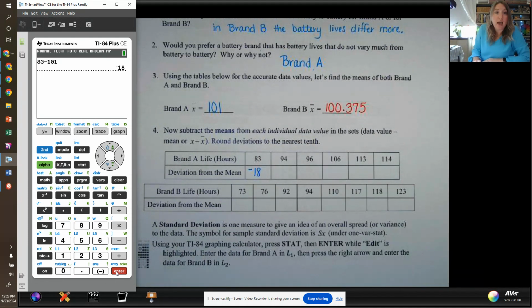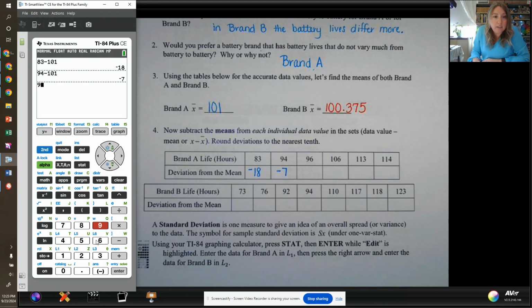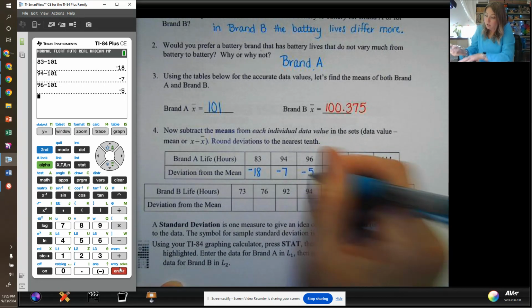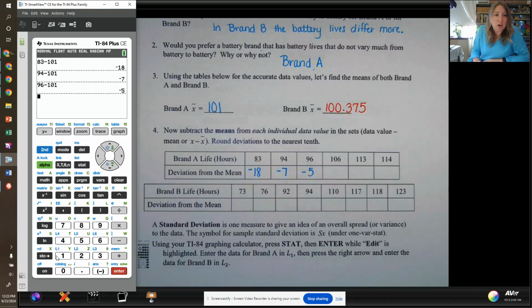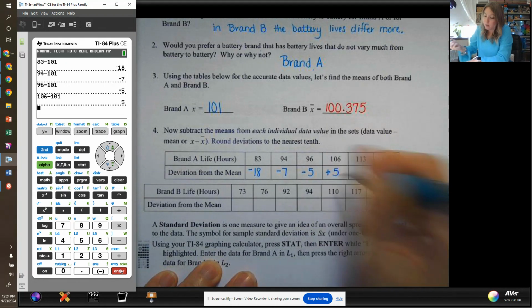Now I do that again, so it's 94 minus 101, okay, negative 7. 96 minus 101, okay, negative 5. Ooh, wait, this one's going to be above my mean. So when I subtract, 106 minus 101 is a positive 5.